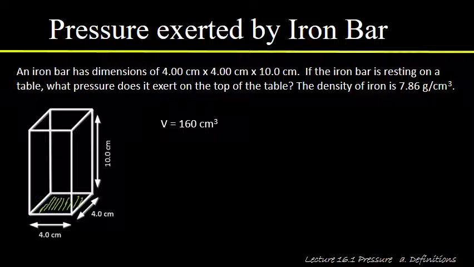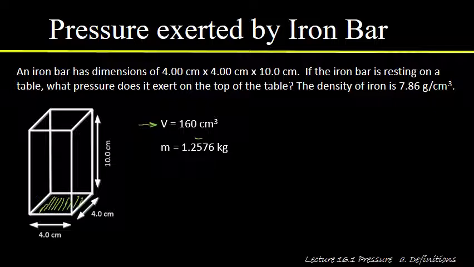Okay. Now, because most of the parts of this problem are the same, the dimensions of the bar are the same. And so because the dimensions of the bar are the same, the volume is the same, so it still has a volume of 160 cubic centimeters. Okay. And with the density what it is, that means that it still has the same mass, so you should have calculated a mass of 1.2576 kilograms.